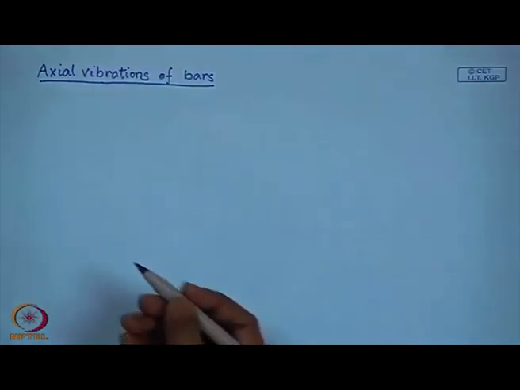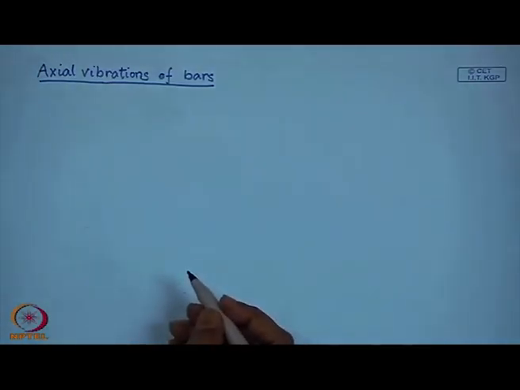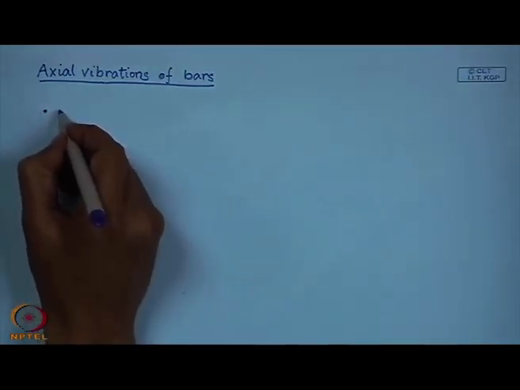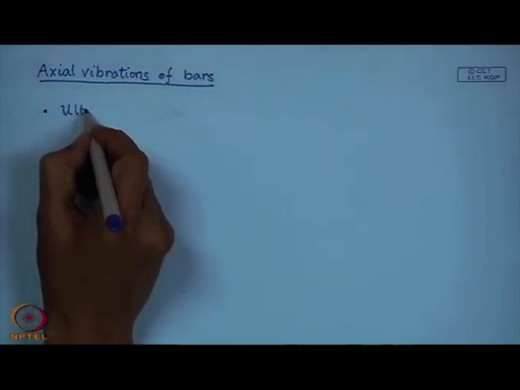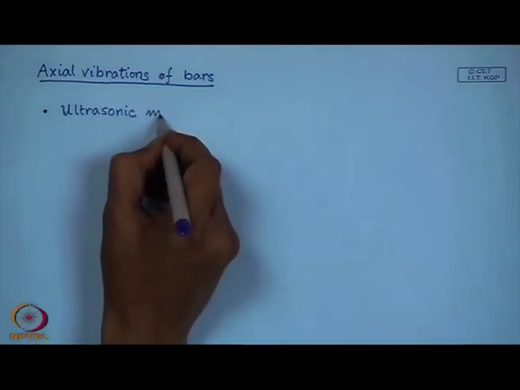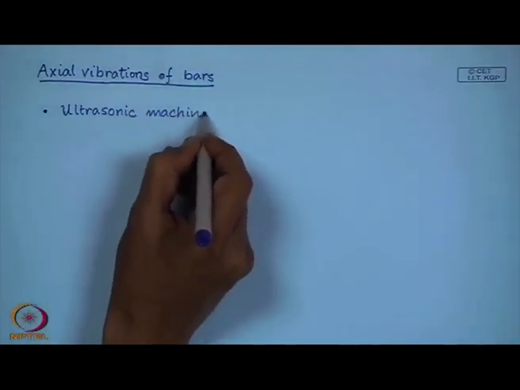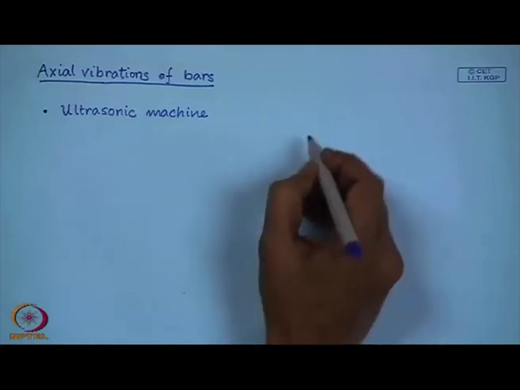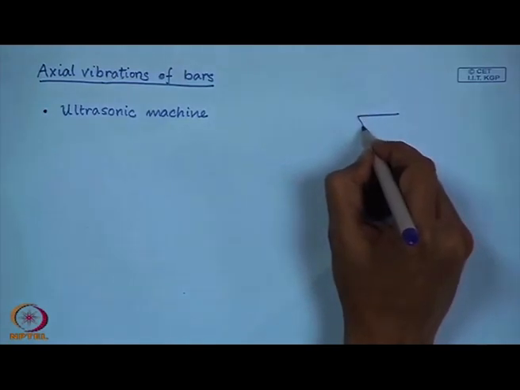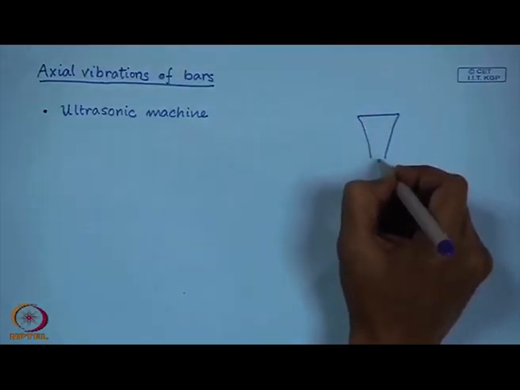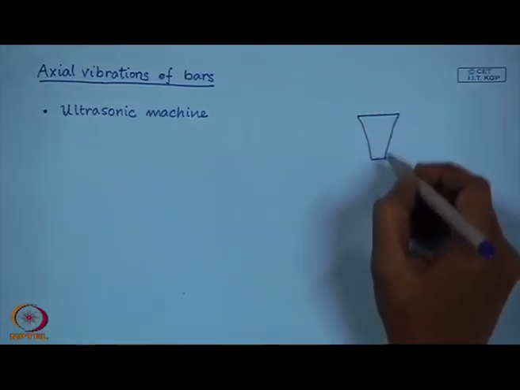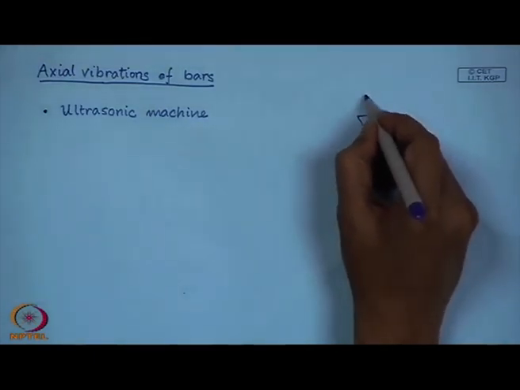So, where do we find bars in axial vibrations? Some examples are in an ultrasonic machine. In an ultrasonic machine, what you have is a bar which is shaped like this, which is connected to an actuator.